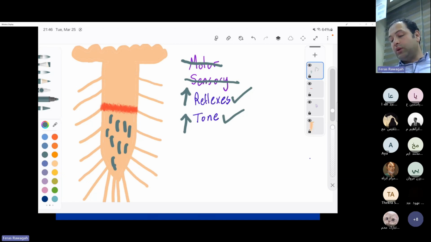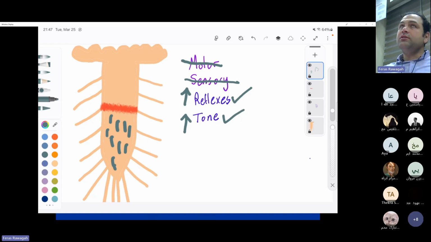That's why it will have hyperreflexia and hypertonia. So the part of the spinal cord below the level of injury will lose the motor function, will lose the sensory function, but will preserve the reflexes and the tone, and reflexes will be high, tone will be high. It will have hyperreflexia and hypertonia.